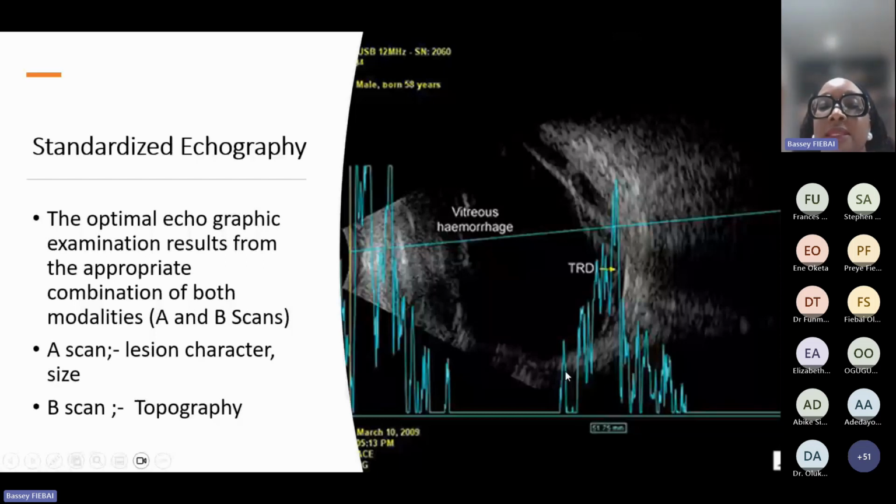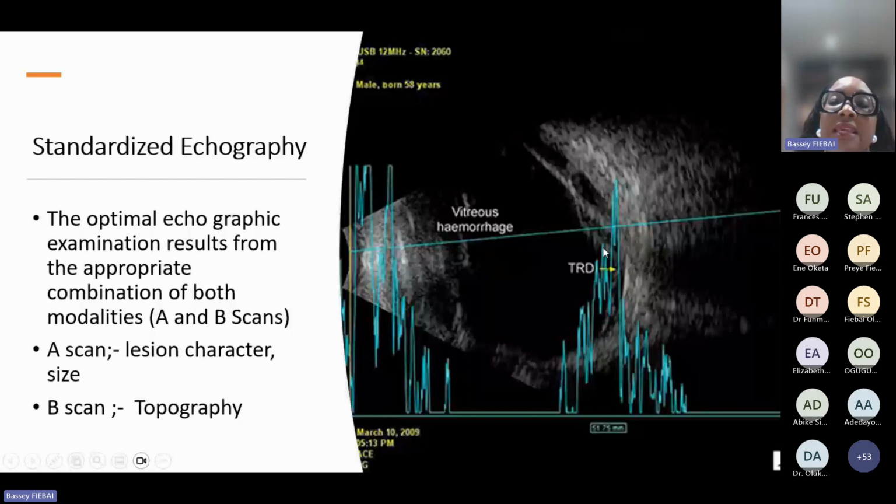So if you look at this interface, you will see that there is no spike here. It is silent, and that stands for the vitreous here in this aspect. Here there's a bit of hemorrhage, so there's a high spike here. I would say about medium reflectivity. Here there's a tractional detachment, so you can see that the spikes are very high, almost to the level of the scleral spike, very high spikes.